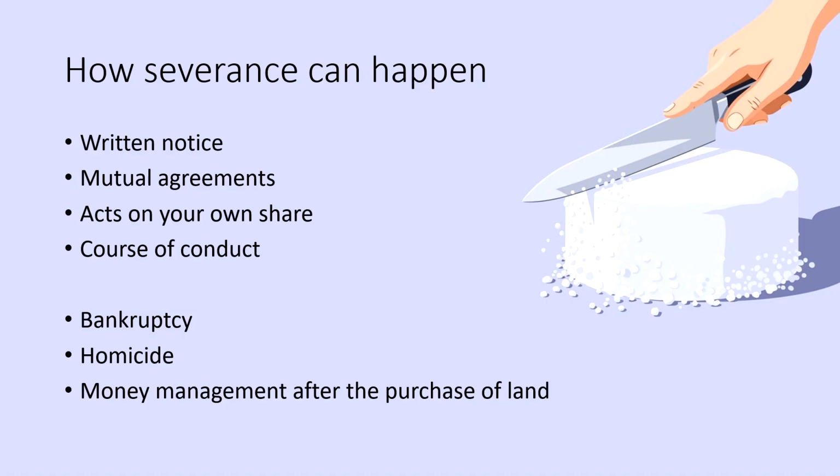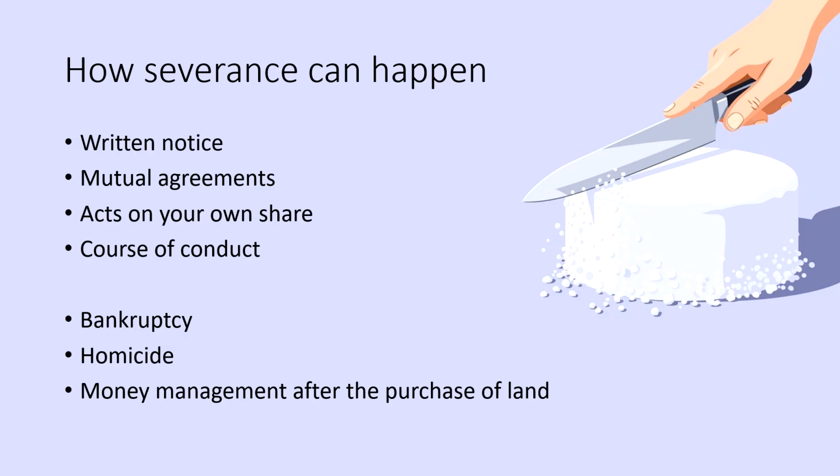Now, there's a few ways that severance can happen. The first four that you see here are the more common ones. We've got written notice, we've got mutual agreements, we've got acts on your own share, and you've got a course of conduct.